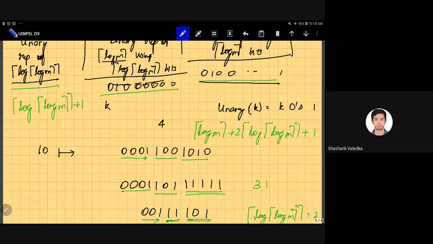Correct. So if m is always very small, then there's a pretty large overhead because in addition to log m, you have to store an addition of log m plus 1 bits. Okay? But even for large integers, can you do any better?